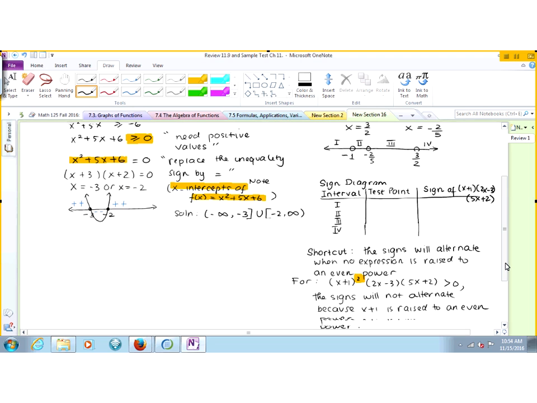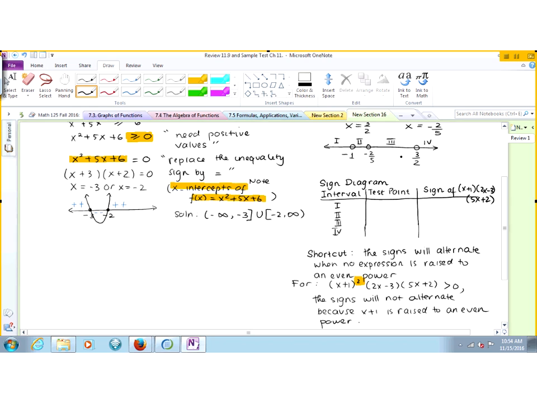All right. Now, do you think the signs here will alternate or not? Yes. Why would the sign be alternating plus, minus, plus, minus? There's no expression raised to an even power. You're right. So I know the signs will alternate.